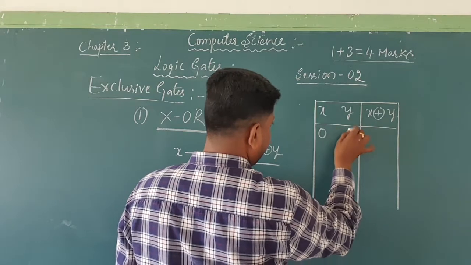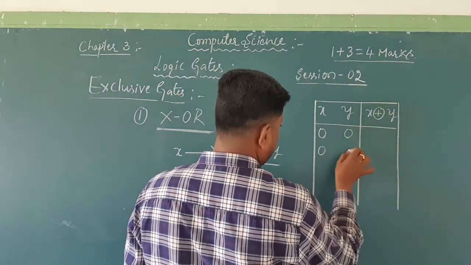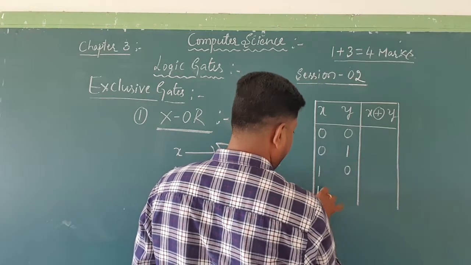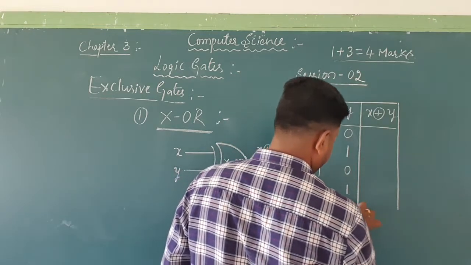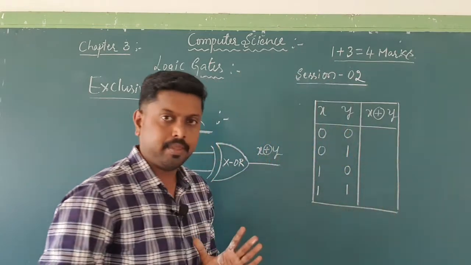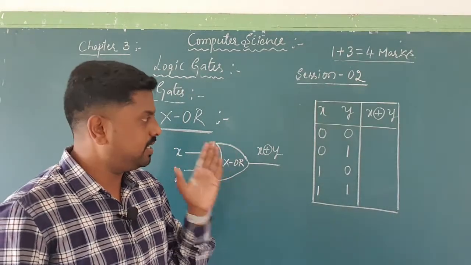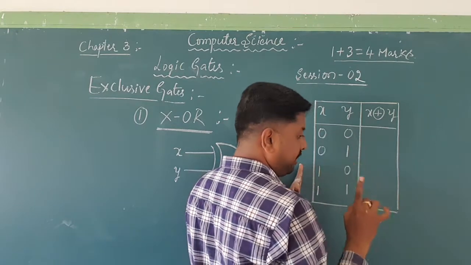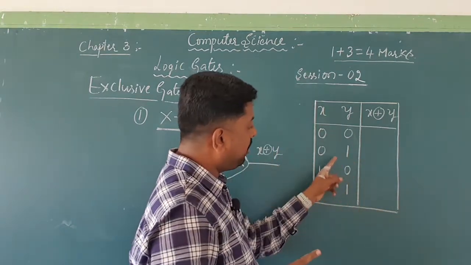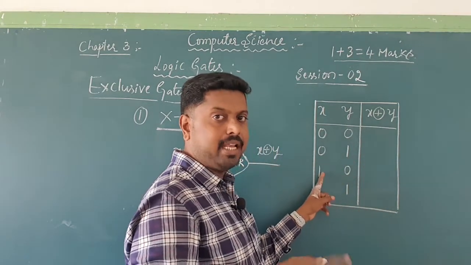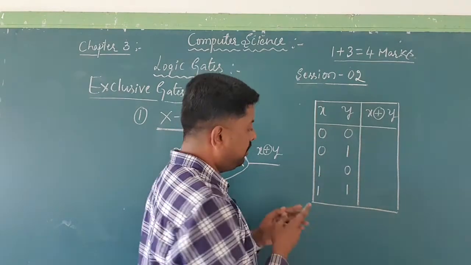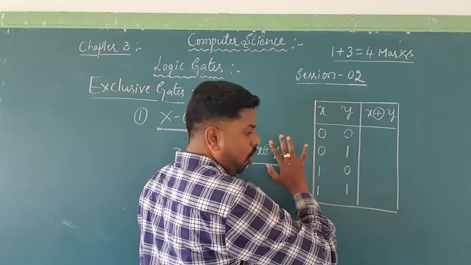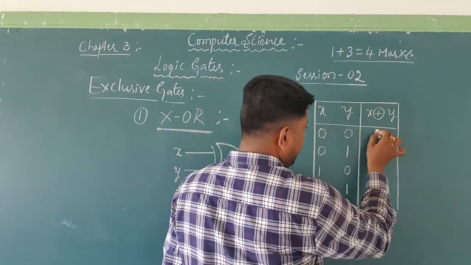See, 0 0, the same combination of inputs, then 0 and 1, 1 0, and 1 and 1. Now I will write the result of the exclusive gate. As I said in the definition, the result is 1 whenever the input has an odd number of ones. See here, in these two inputs there is no 1, hence the result is 0 only.